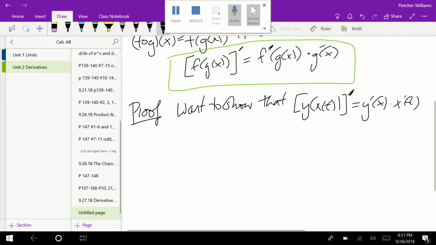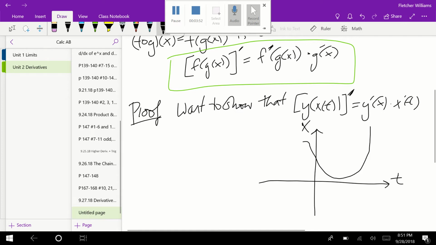And to do this, we're going to revisit our earlier understanding of the derivative. So let's imagine back like that first day of class that we had. Let's say we have a graph of x versus t, and there's some curve that we want to figure out the derivative for.